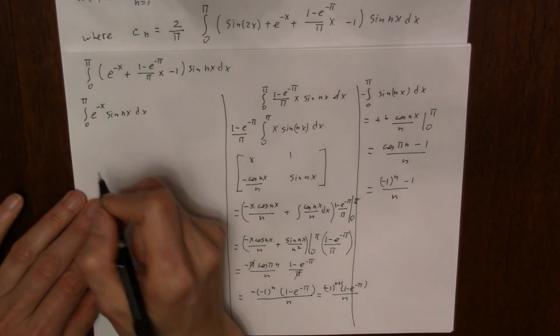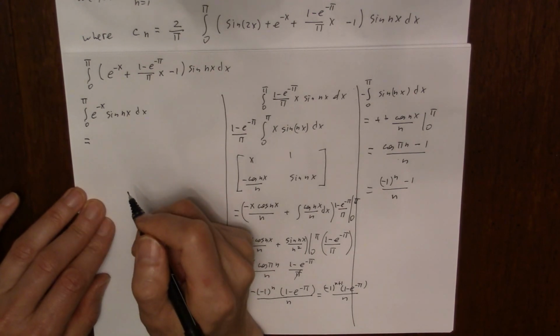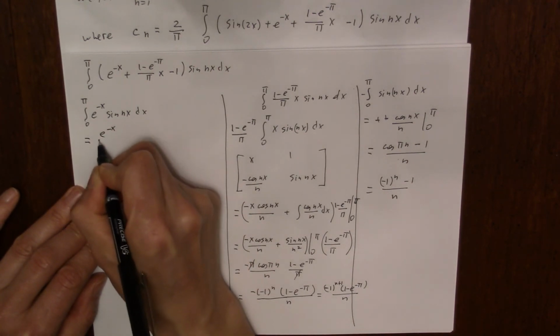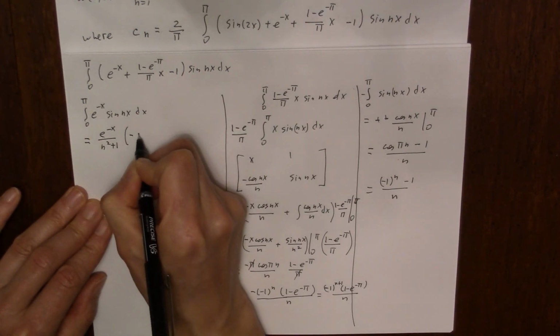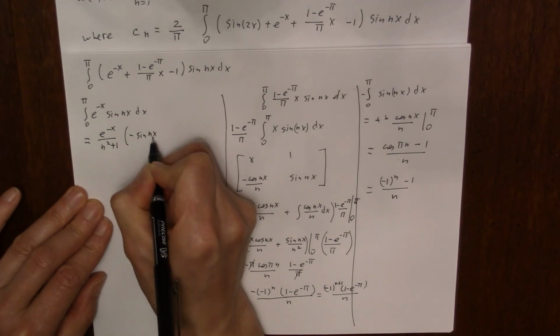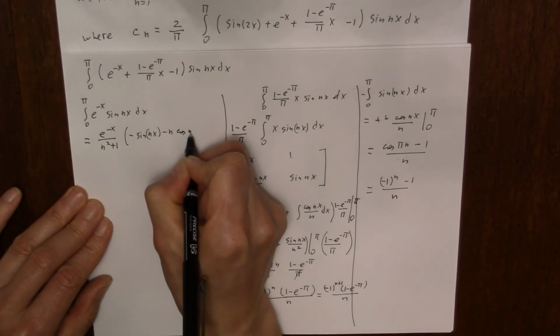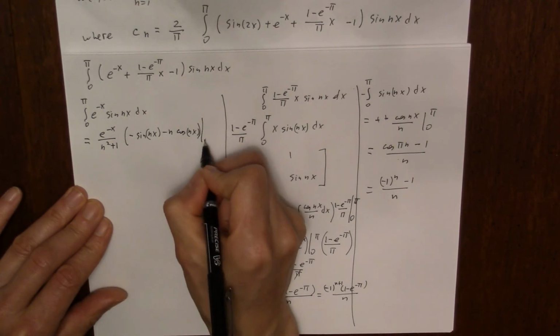Now to calculate the second integral, we'll be using the formula, so the value of that integral equals e to the negative x over n squared plus 1 times negative sine nx minus n cosine of nx, and we do it from 0 to pi.